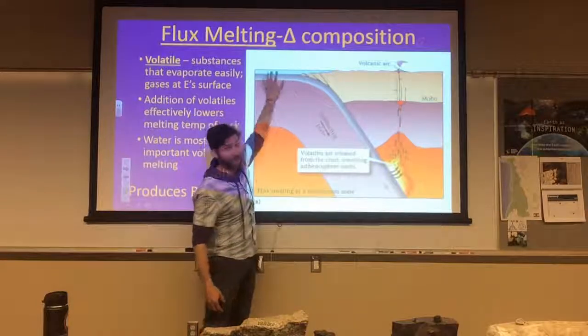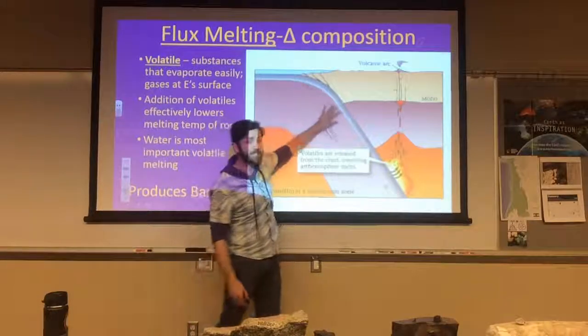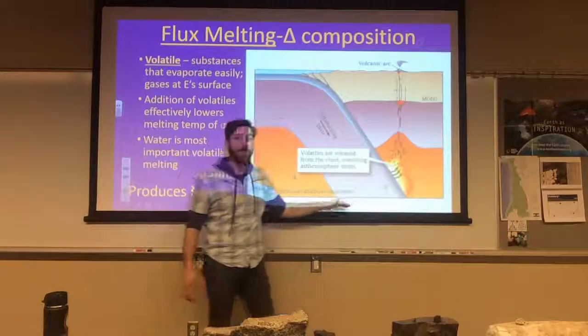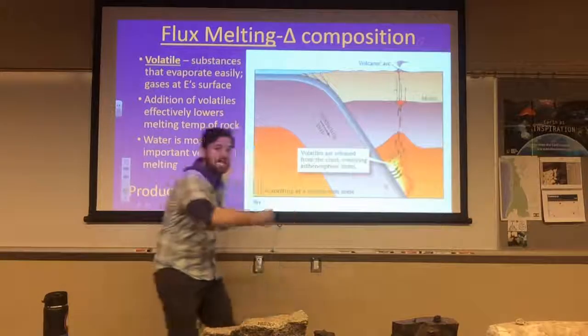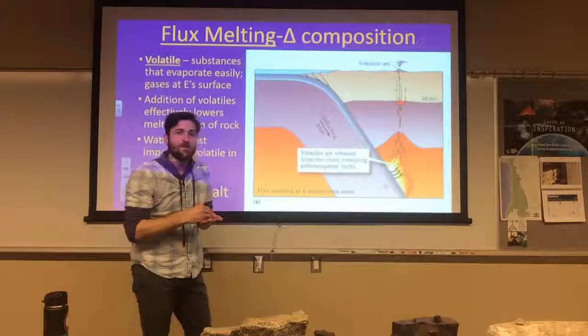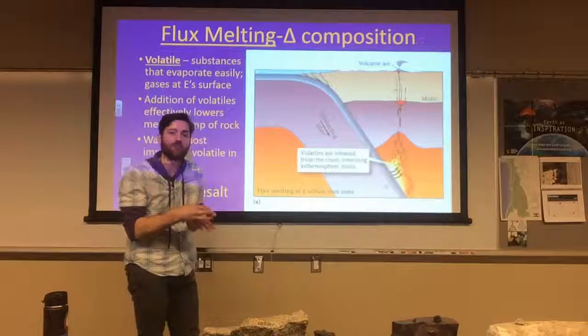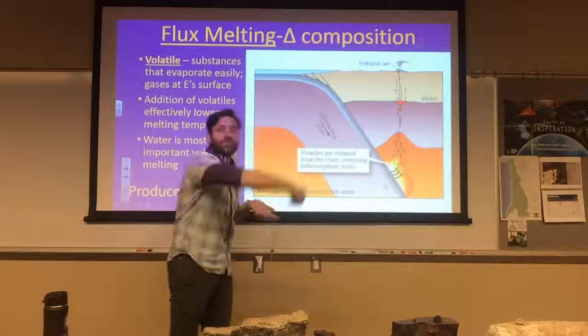As those minerals and the free water are subducted down into the mantle, at about 100 kilometers depth, that water is dehydrated away from the plate. So this is as if the water is getting too hot to be part of those minerals anymore, and it volatilizes away.